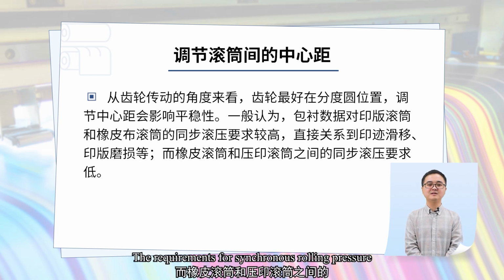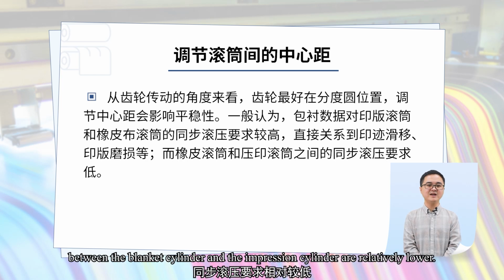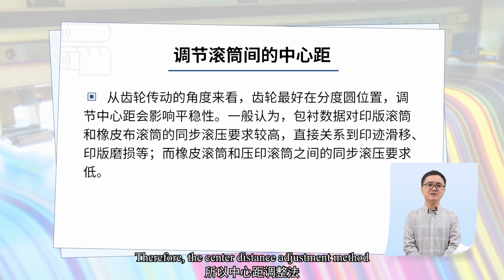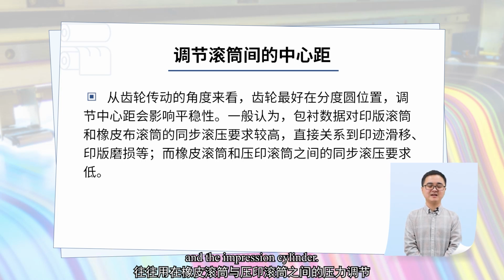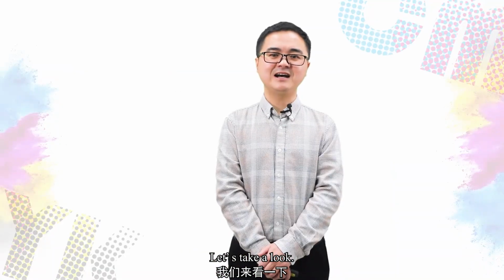The requirements for synchronous rolling pressure between the blanket cylinder and the impression cylinder are relatively lower. Therefore, the center distance adjustment method is often used for adjusting the pressure between the blanket cylinder and the impression cylinder. Let's take a look.